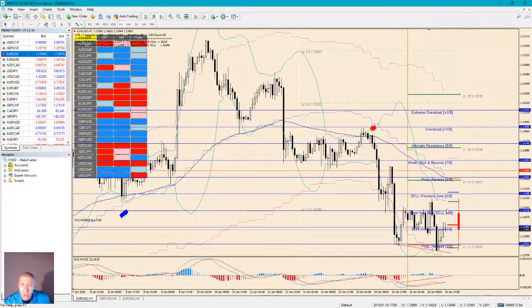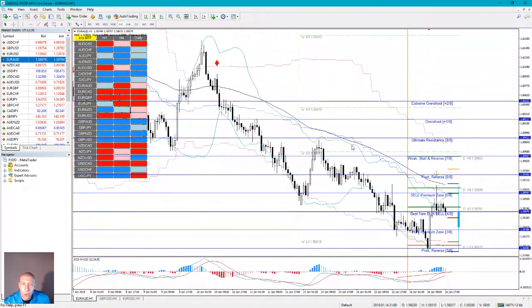If euro dollar goes up, we can take profits and then we can short euro Australian dollar. So yeah, I would wait with this trade. We just need to wait. This is a signal you see for a short trade, but we are in a counter trend trade, so I'm not mixing it up. And we have GBP dollar long.